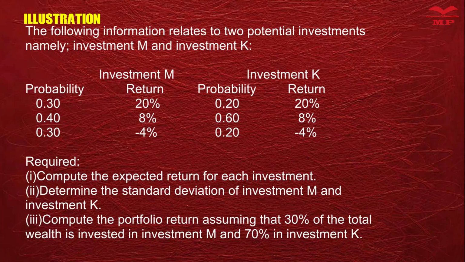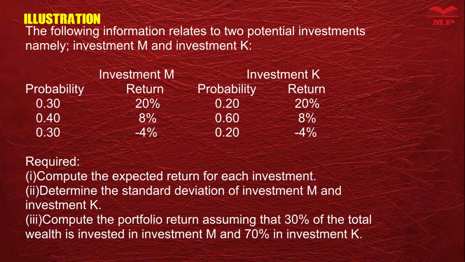The following information relates to two potential investments, namely investment M and investment K. So we have the probabilities, we have the return for investment M, we have the return for investment K. Required: one, compute the expected return for each investment.